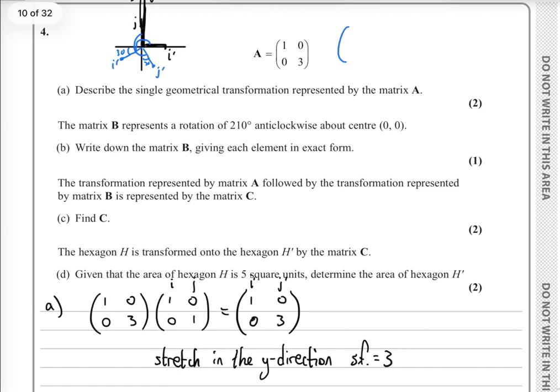And to get the matrix a, b, c, d, I need the coordinates of the transformed i and j vectors. Here, the x-coordinate is minus cosine of 30 degrees, and the y-coordinate is minus sine of 30. For the j, the x-coordinate is positive sine 30, and the y-coordinate is negative cosine of 30.